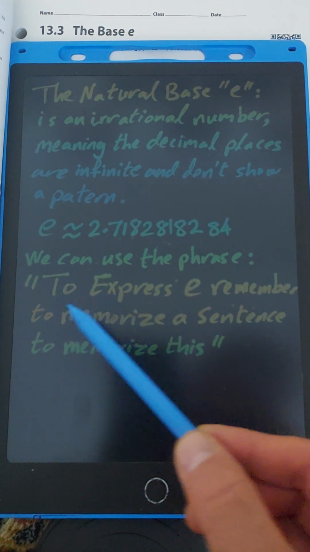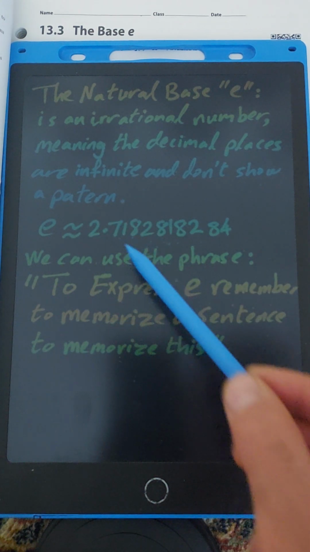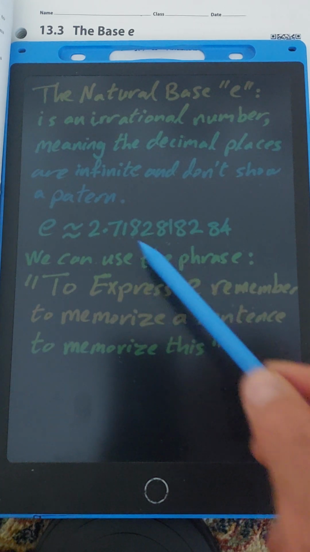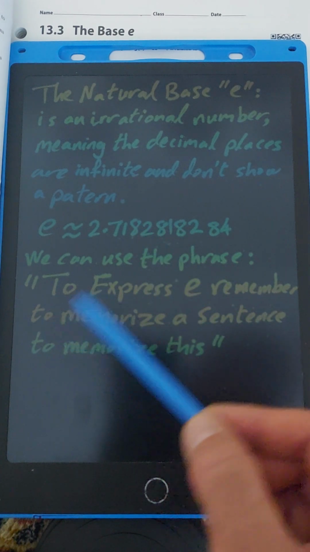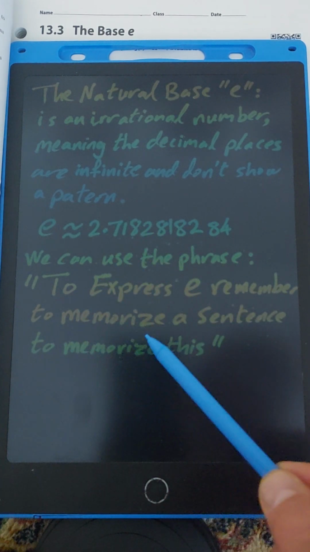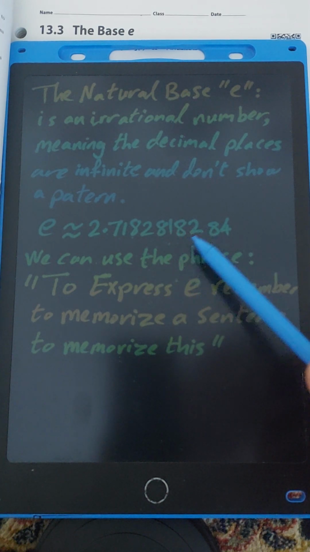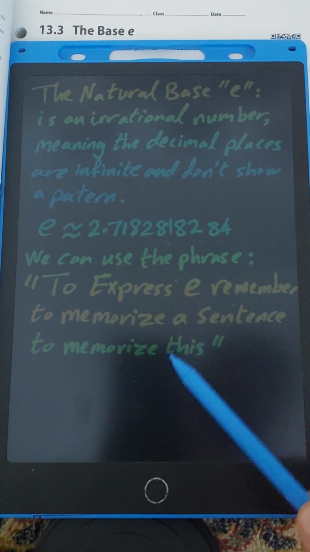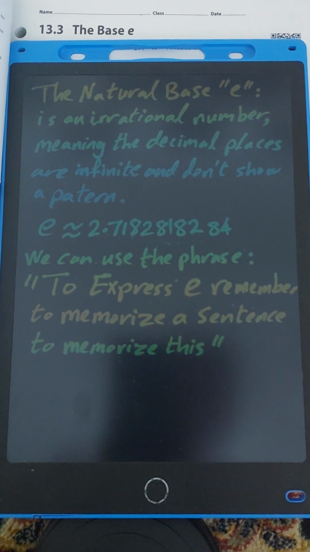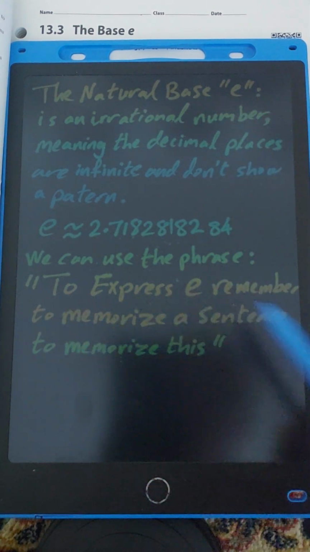For example, "to" is 2 letters, representing 2, then the dot; "express" is 7 letters; "e" is 1; "remember" is 8 letters; then "to" represents 2; "memorize" is 8; "a" is 1 letter; "sentence" is 8; "to" represents 2; "memorize" is 8; "this" is 4 letters. If you want to memorize the value of e, it will help to memorize these phrases.